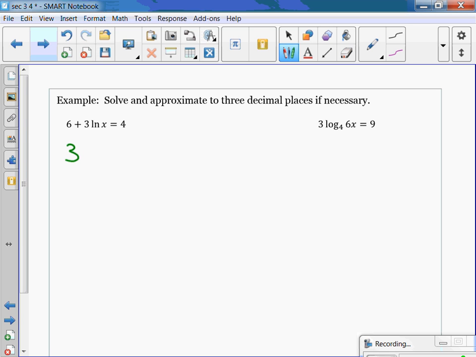You fine? So dividing by 3, I get the natural log of x equals negative 2/3. Now I can do one of two things, right? I can raise everybody using e, or I can go straight to exponential form, or do everything raised to the e.